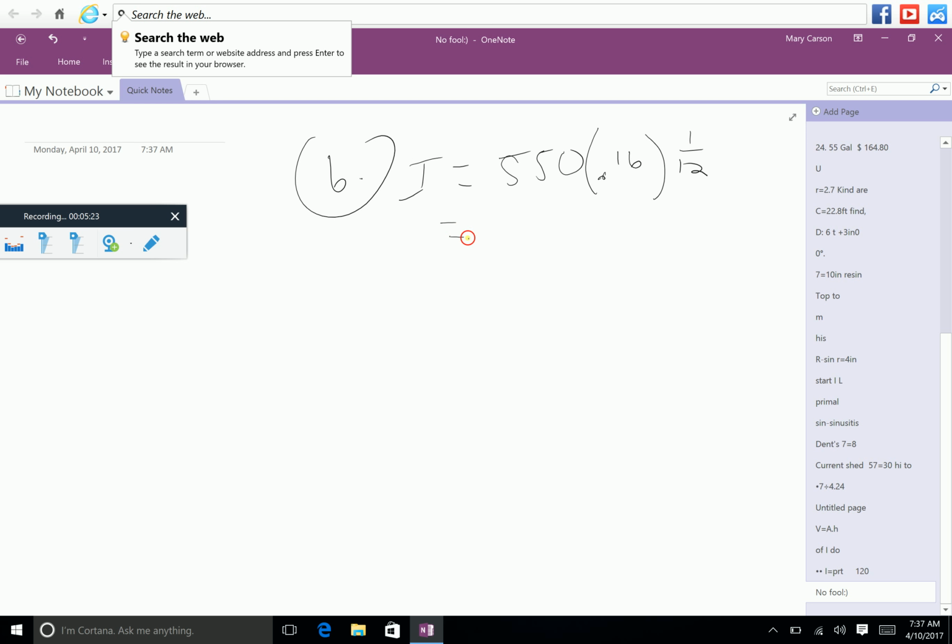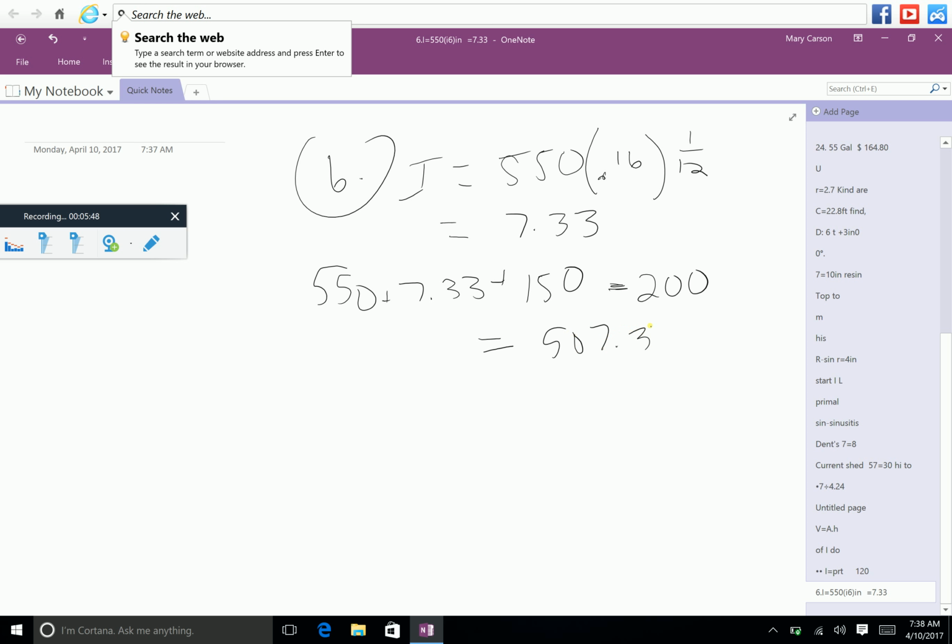So your credit card interest is this right here. You take your previous month's balance plus your interest plus anything you have spent, which was the purse, $150, and then you subtract your payment, which was $200, and you should end up with $507.33.